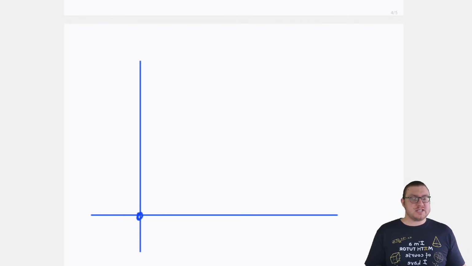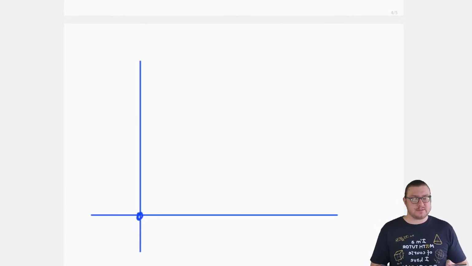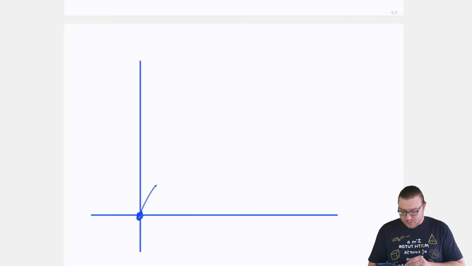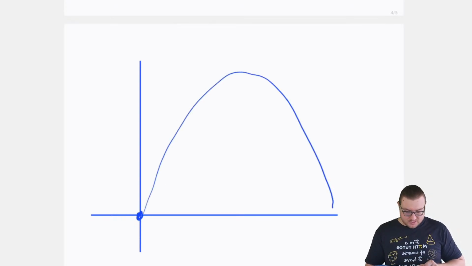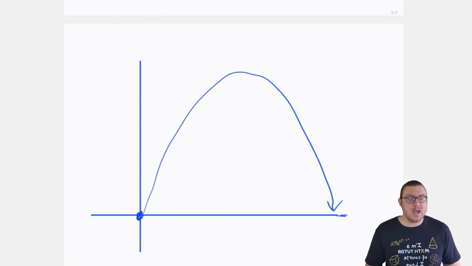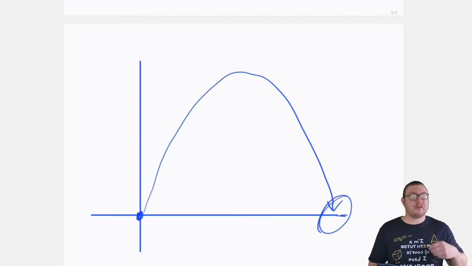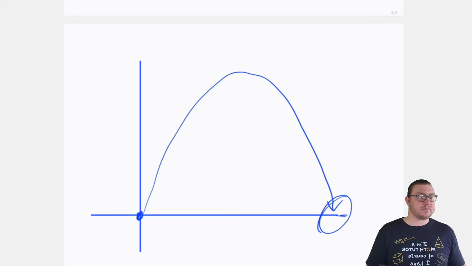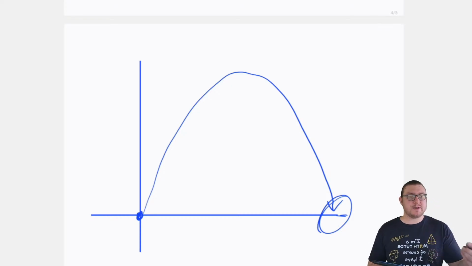The reason for this is because we want easy coordinates. So if we're now kicking this ball, what happens? It's going to go up and fly somewhere, and we're going to have our parabola. Now, last time we knew how far away this ball was. Let's say this is a different ball and someone else kicked it.